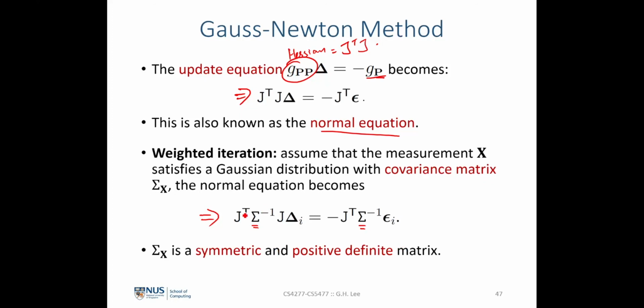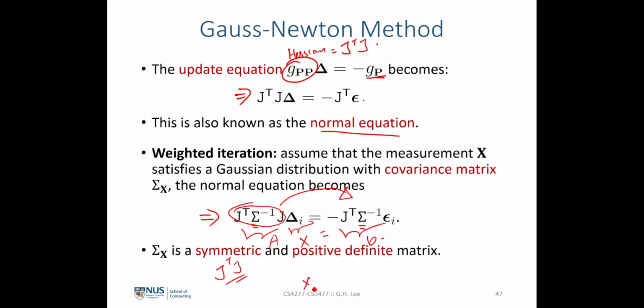So what this means is that J transpose J would be symmetrical and positive definite, since it's a matrix multiplied by itself. And if sigma, the error covariance of x, is symmetrical and positive definite, it also means that the product of this would also be a symmetrical positive definite matrix. And this would guarantee us to be able to flip this guy over here, because we can view this as Ax equals b.